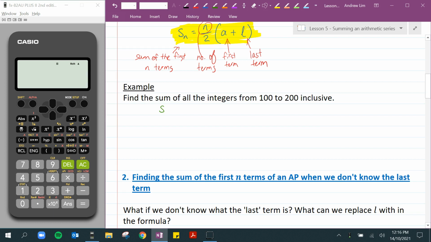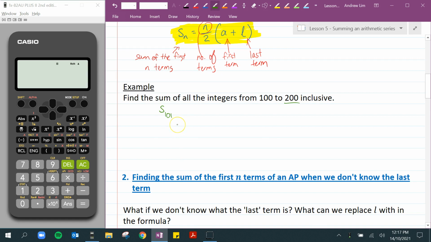If I were to ask you to count how many numbers are there from 0 to 10, it's not 10. It's actually 11, because we need to include 0 as one of them. 0, 1, 2, 3, 4, 5, 6, 7, 8, 9, 10. That's actually 11 numbers. So from 100 to 200, it's not 100 numbers, it's actually 101, because we need to include the 100.